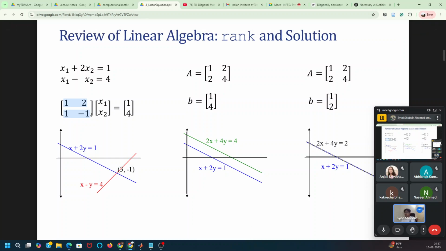Otherwise, you won't get a unique solution. So this is a necessary condition. It has to be a square matrix.